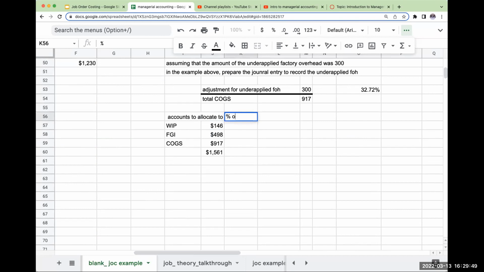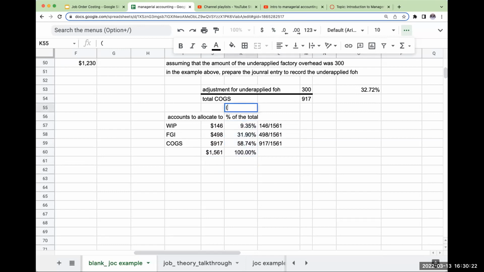I'm then going to do a percentage of the total, right? This is going to be 146 divided by 1,561. This is 498 divided by 1,561. This is 917 divided by 1,561. When I add up these three amounts, it needs to equal 100%.